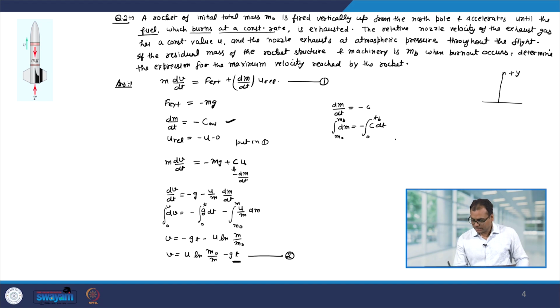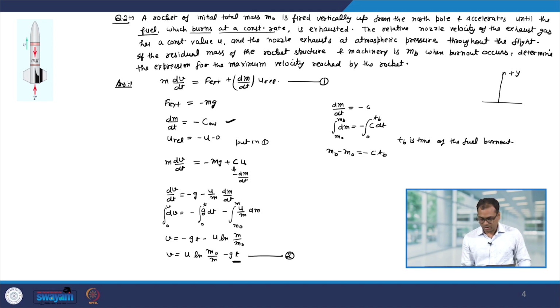So, tb is the time of the fuel burnout. Okay. So, we get mb minus m naught equals minus c tb, or tb equals m naught minus mb over c. Let us put it in equation number 2.